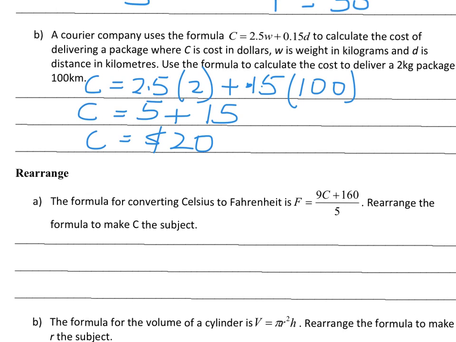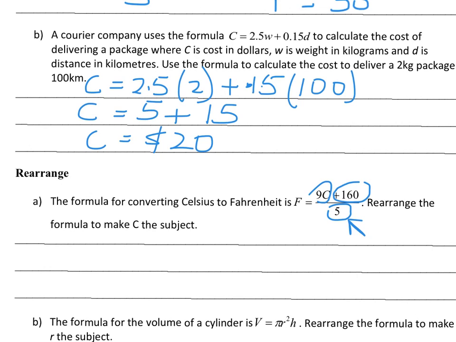Rearranging is the next one, and we want to make C the subject, so I need to have it read C equals. So that means that I need to get rid of my 5, get rid of plus 160, get rid of the 9 in front of the C. So let's get rid of the fraction part first. Usually you want to do that.